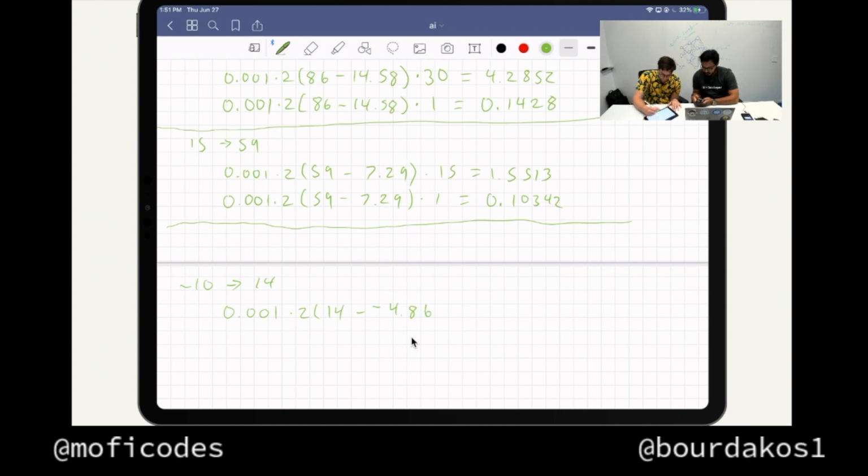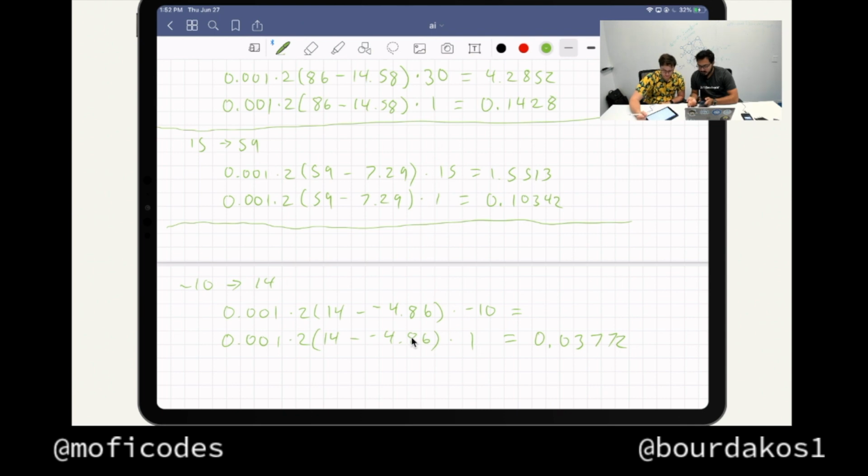Okay, so 14 plus 4.86 times 2 times 0.001. Wait, am I doing it right? Hold on, let me do it again. 14 plus 4.86. That is wrong. You have to multiply by 0.001. Right. So 14 plus 4.86. That times 2 is this. That times 0.001 is this.